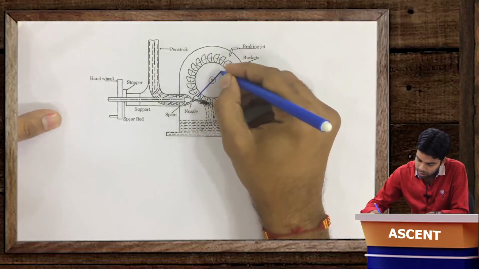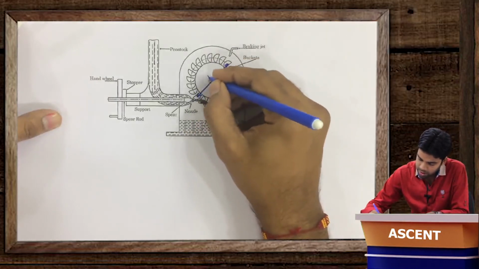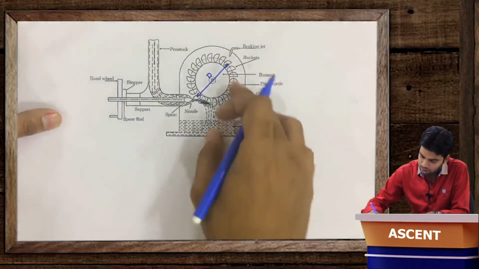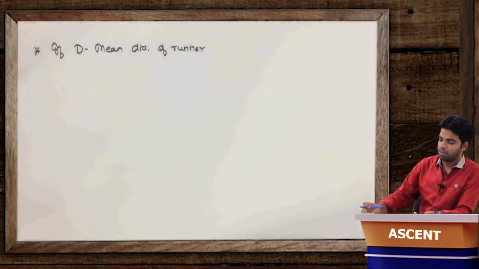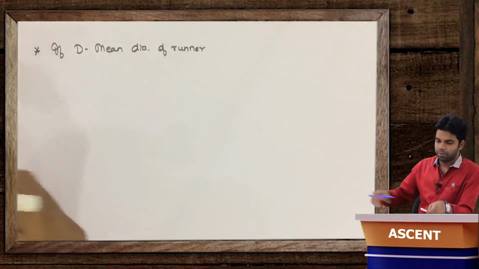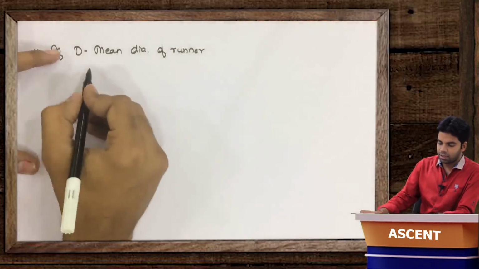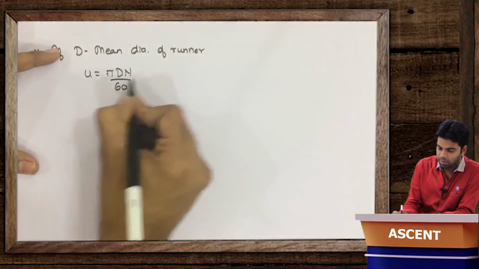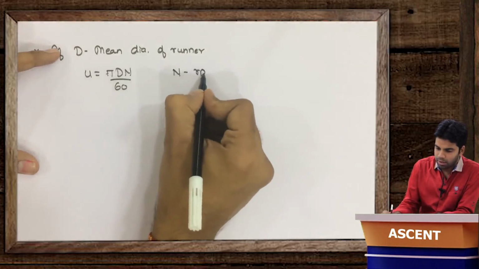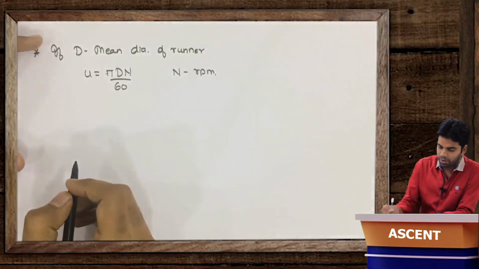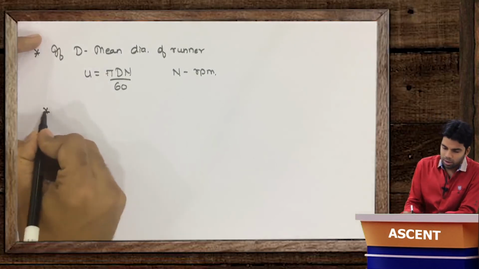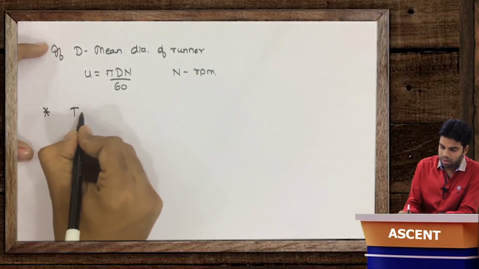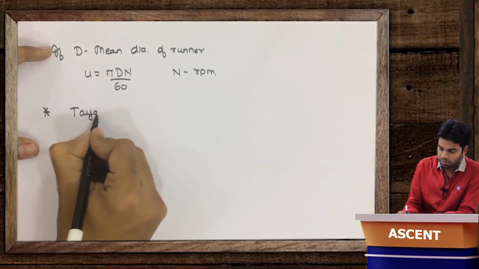The diameter of this pitch circle is nothing but the mean diameter, not the inner diameter. So if the mean diameter is D, then obviously this U will be equal to pi D N by 60, where N is in RPM. First thing.